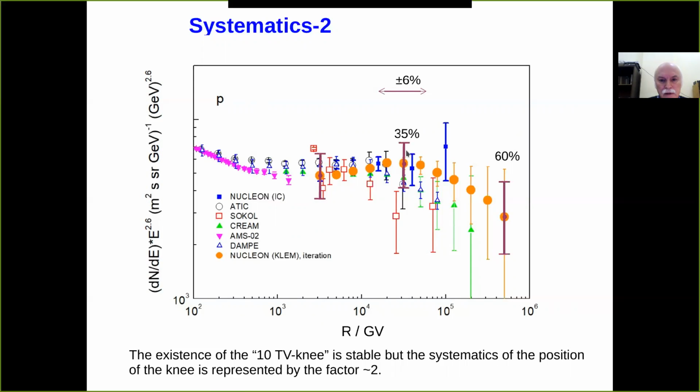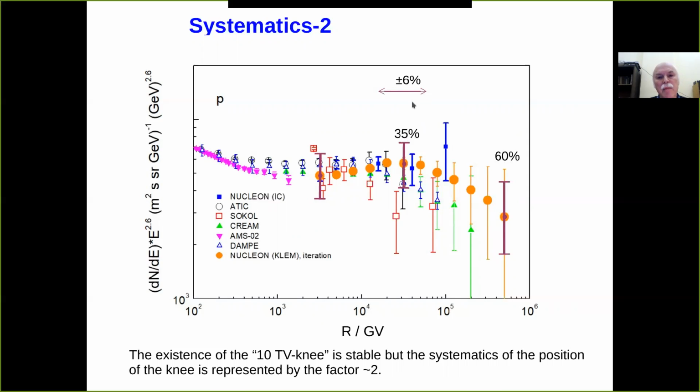These error bars show the systematics in absolute intensity of the spectra. In the high-statistics part of the spectra, it is about 35%. There is 60% near the high-energy part of the spectrum.